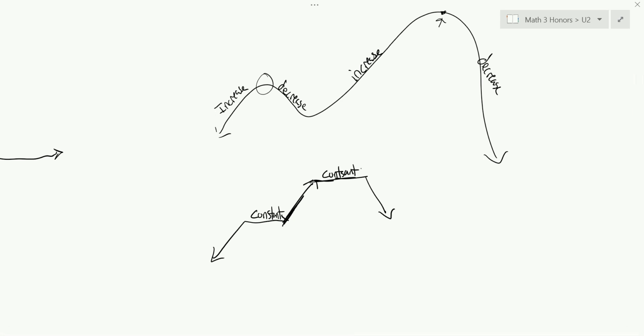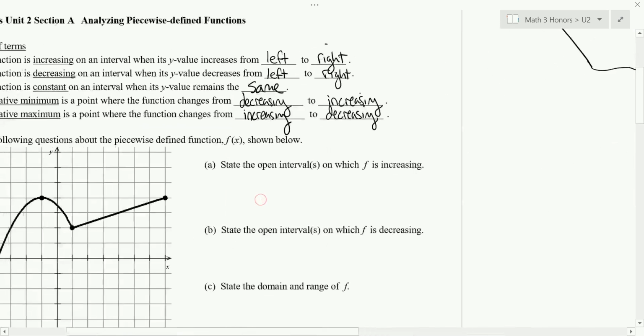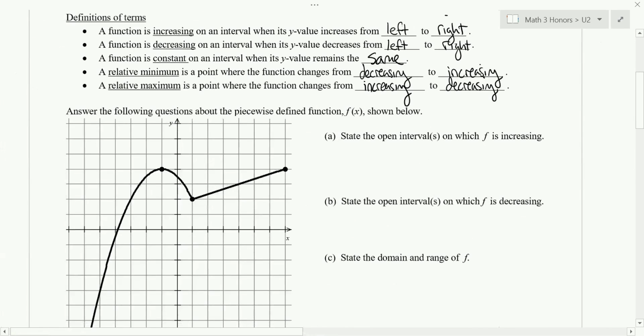So it goes increasing, constant, decreasing, and there are no maximums here. No relative maximums, because it has to be a point where it changes from increase to decrease. Okay, so those are some things that we just need to be careful with when we're looking at graphs.